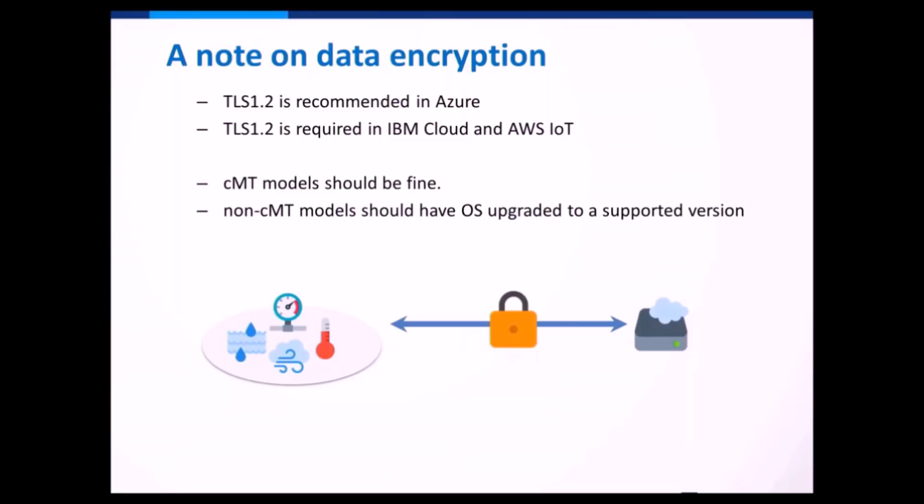But if you're using one of the IE, XE, MTV, or EMT series, and you find yourself not being able to connect to one of the cloud servers above, especially IBM or AWS, then perhaps you should first check your OS version and maybe consult one of our FAEs about whether that version has TLS 1.2 support.